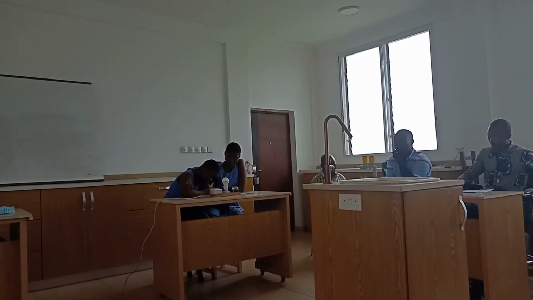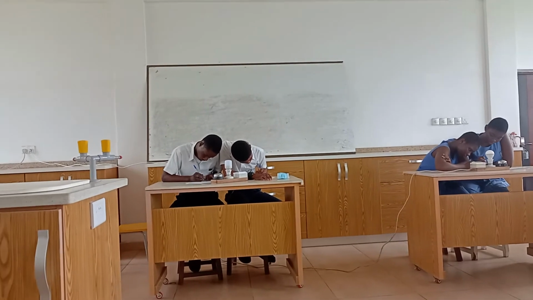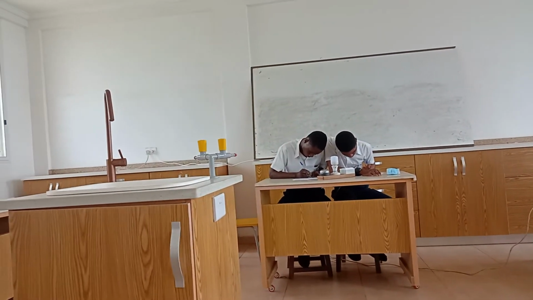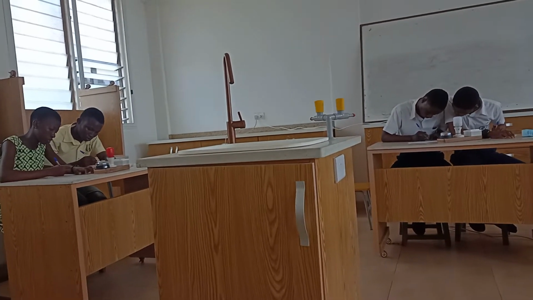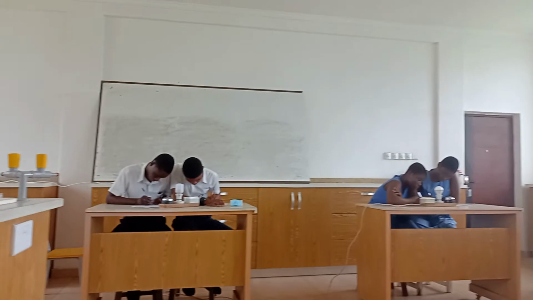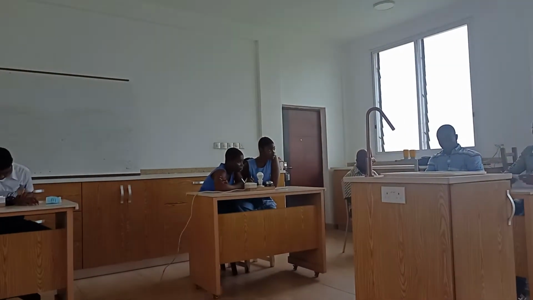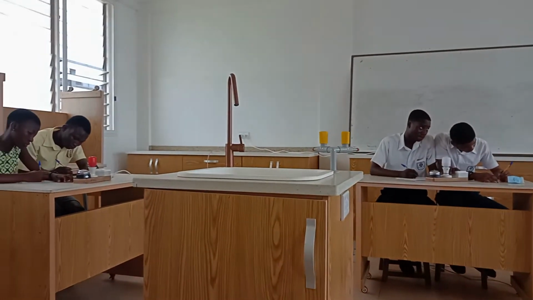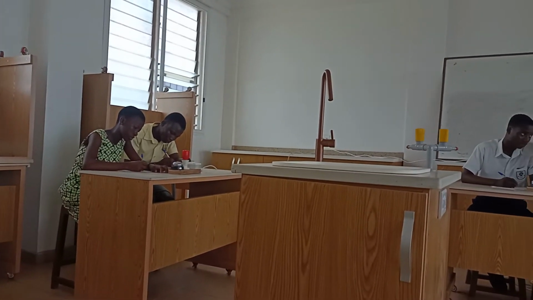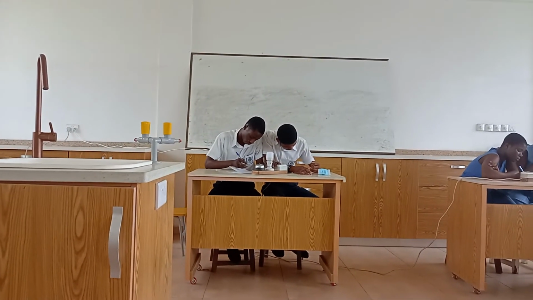Yes, John, is your hand up? We have 2.5 times 10 to the power 9 meters per second. All right. You have to find the maximum weight. The maximum weight is 4.5 meters.